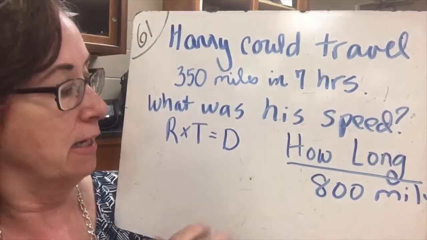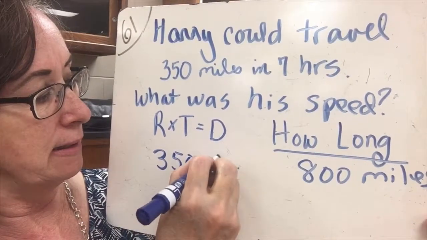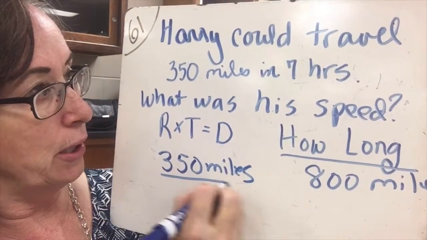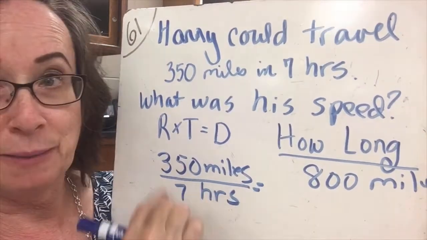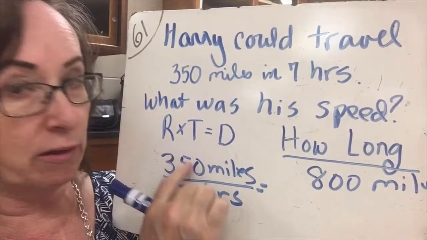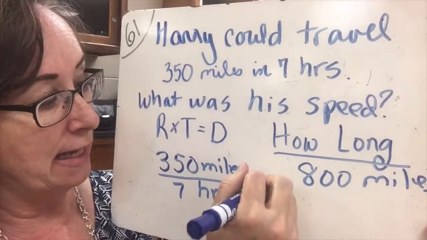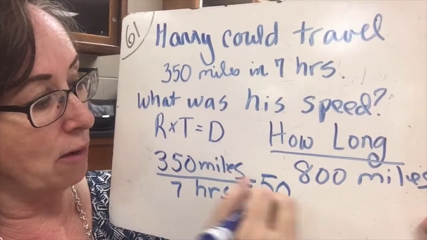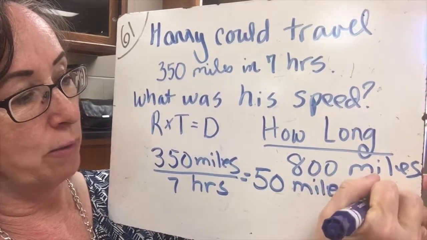So we're going to take 350 miles per 7 hours. And we're going to simplify this, and 350 divided by 7, we know that 35 divided by 7 is 5, so 350 divided by 7 is 50. So he is going 50 miles per hour.